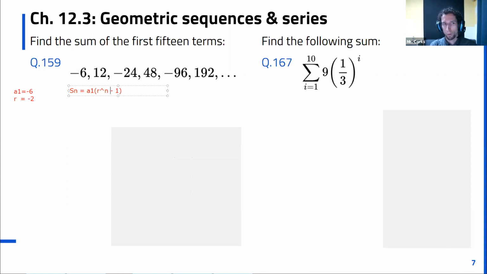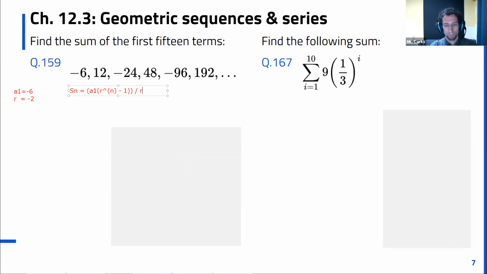Outside. Okay, this is outside the exponent. So let's write it like this just for clarity: R to the exponent N, then -1, and that whole thing over, divided by, yep.